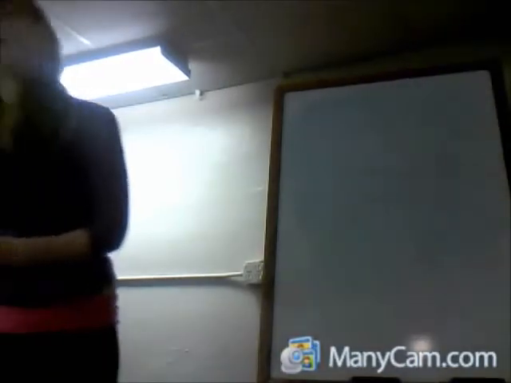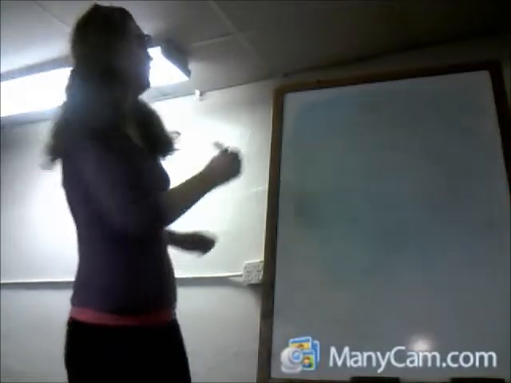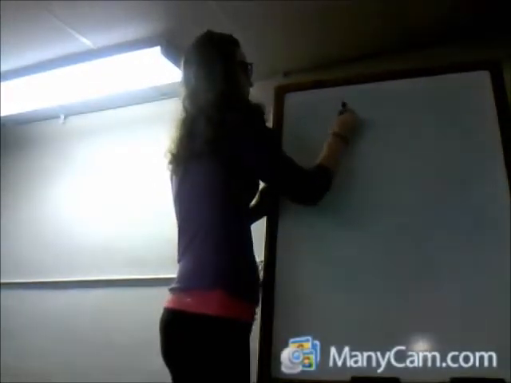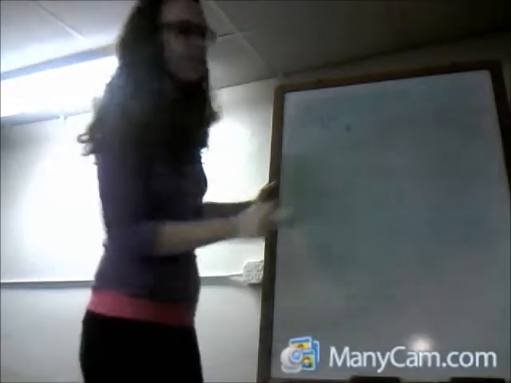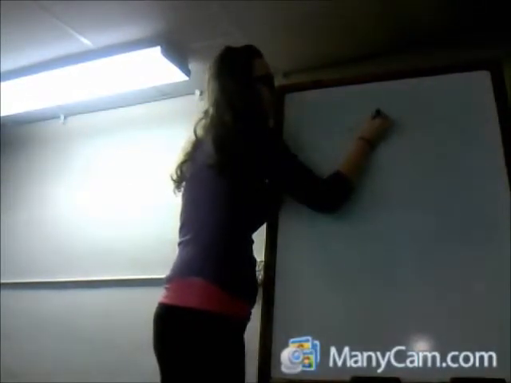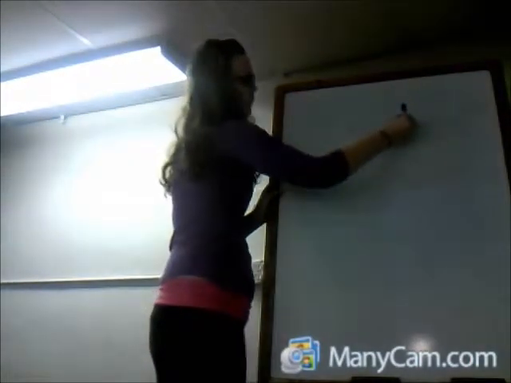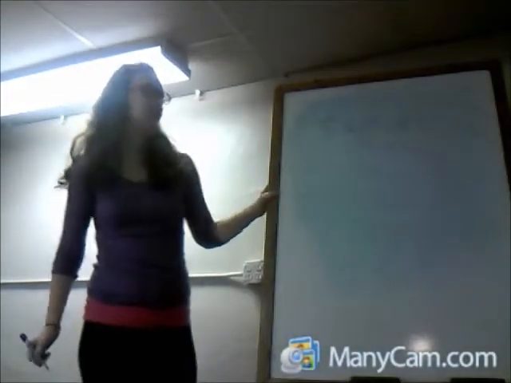Whenever you see an exponent problem, expect a simplification trick. So we have 3 to the 2x times 3 to the 2y, and that equals 81. We want to simplify this as much as possible.